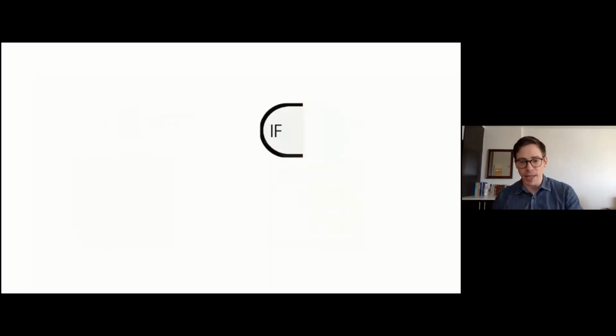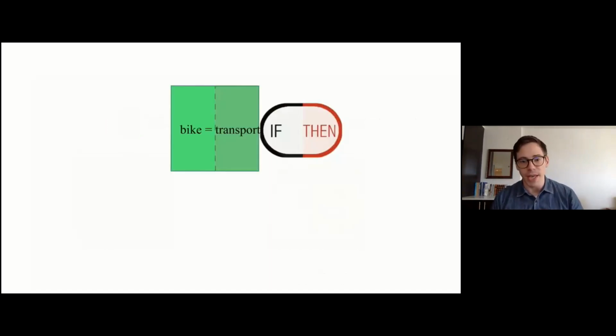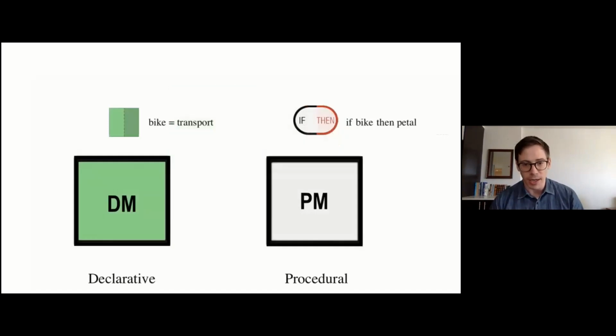If bike, then pedal, and declarative knowledge can come up and say, that's a bike, it's for transportation. It can then direct procedural knowledge to move your legs, showing how these different units in the mind can be computationally instantiated. And then you can see how they work together to create behavior. That's a very toy model version. We'll show a little bit more about that later.